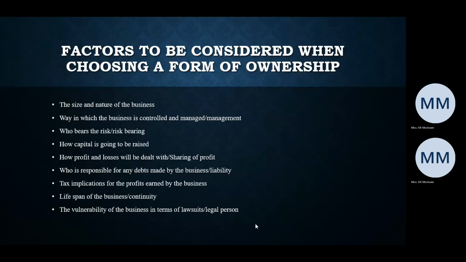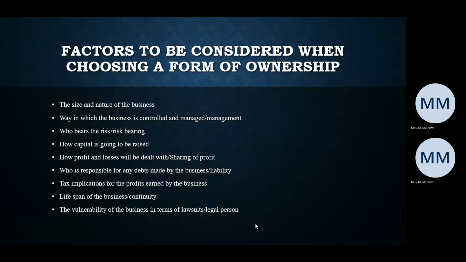Okay, now we will look at the factors to consider when choosing a form of ownership. So say you want to open a business one day or start a company, that business or company will need ownership rights. So these factors are what you need to look at when choosing a form of ownership for your business or your company.